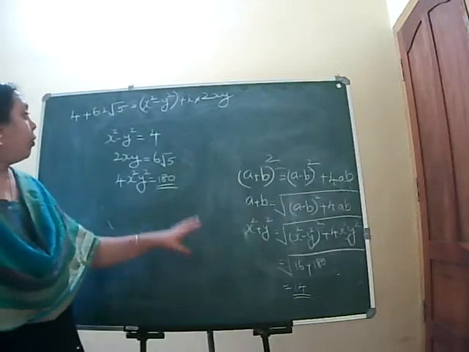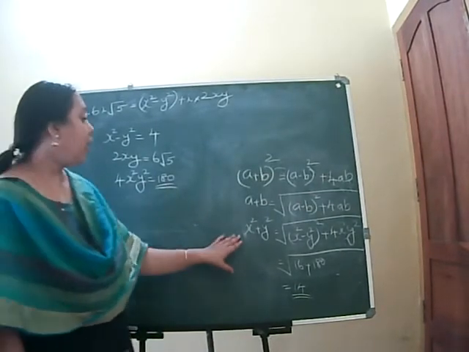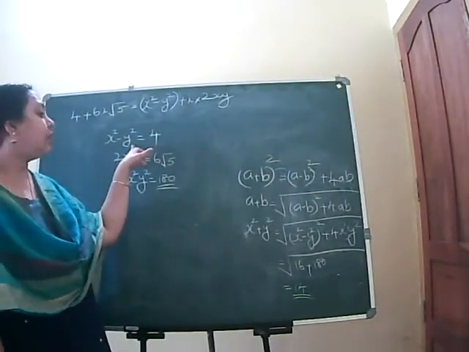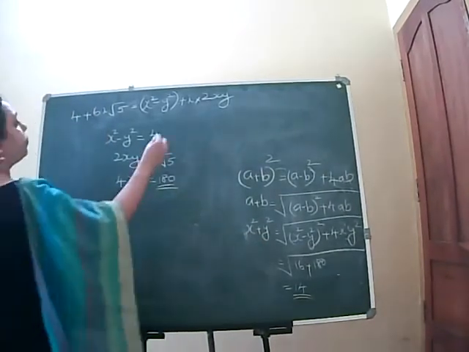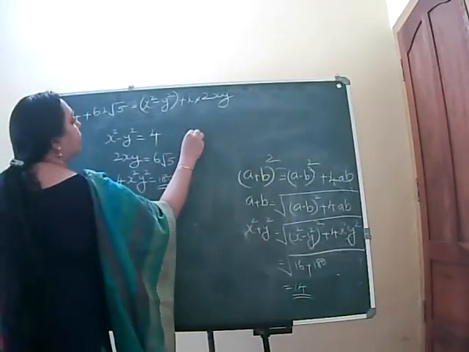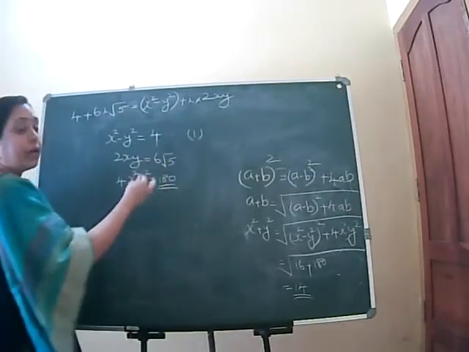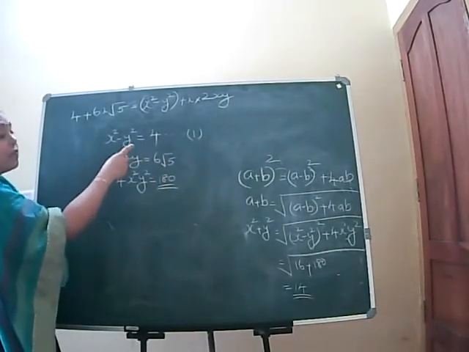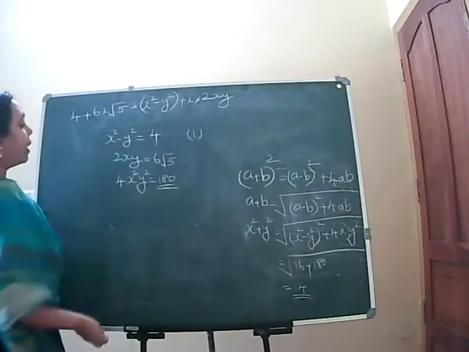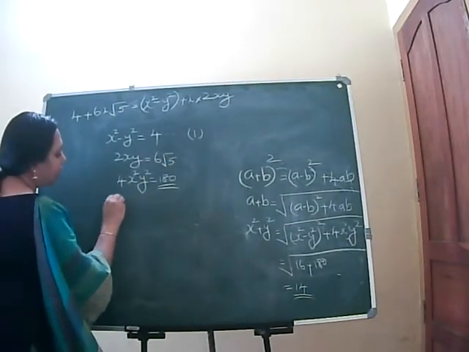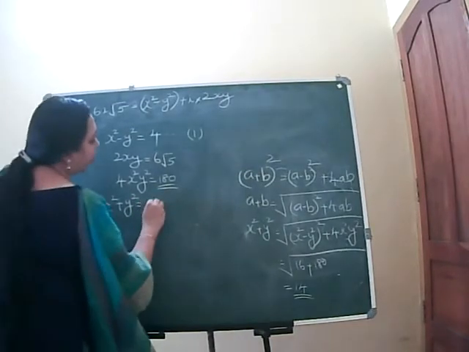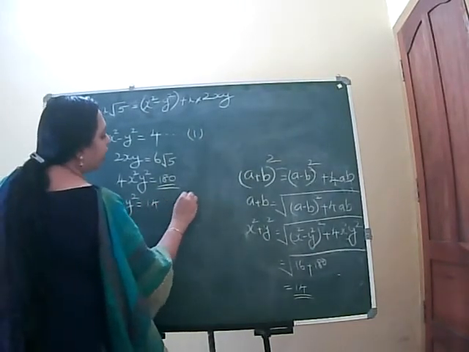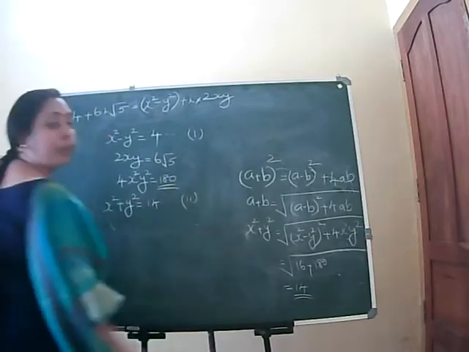Okay. Now we have the values of x square minus y square and x square plus y square. Just name the equations: x square minus y square, equation number 1, and x square plus y square is equal to 14, equation number 2.